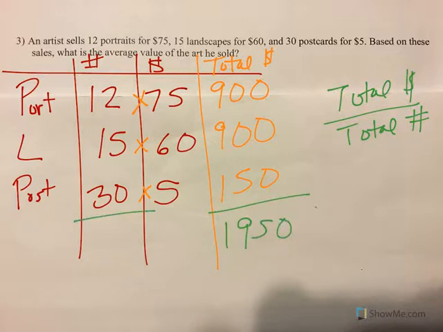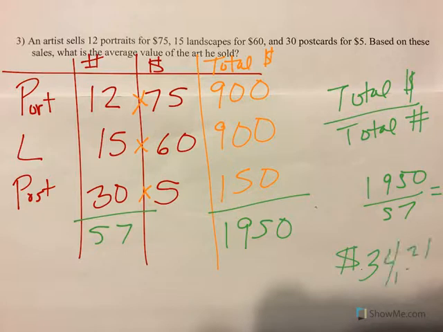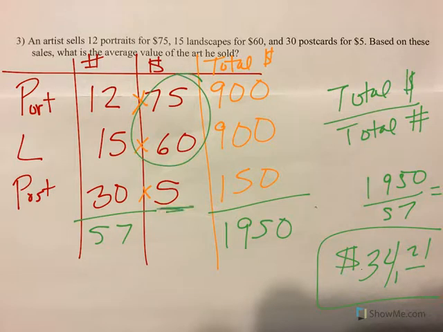Total number of things I sold, 57. So what is $1950 divided by 57? Well, $34.21. And even though two of these items are way higher than 34, because the majority of the items that were sold were only $5, that really brought the overall average price down.